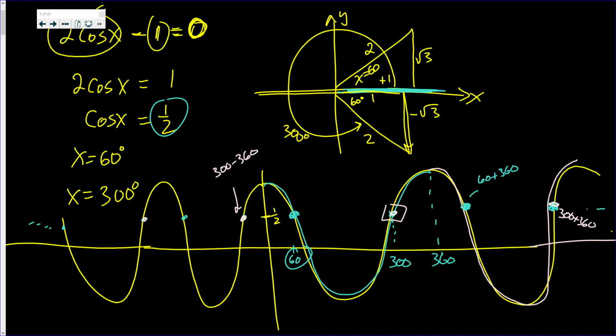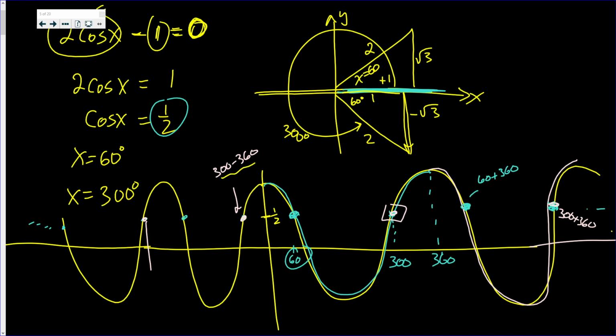This one's going to be 300 minus 2 times 360, minus 720. Okay. Don't think what I said was correct.